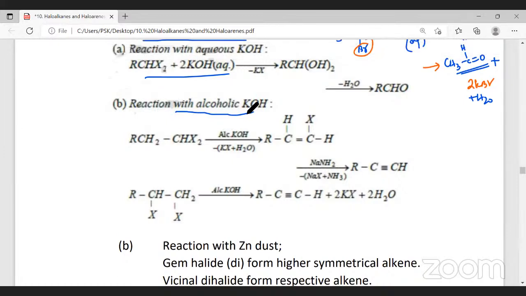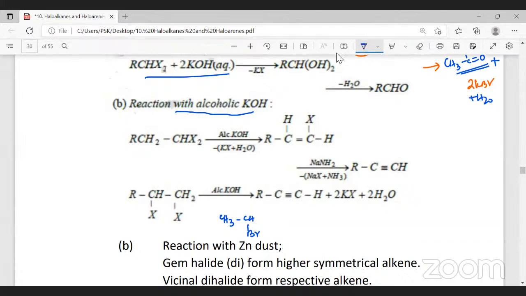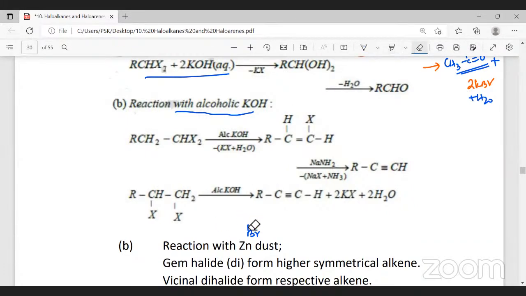Now, alcoholic potassium hydroxide. Dehydrohalogenation, we will write an example here. We will take the same example and write a geminal dihalide.